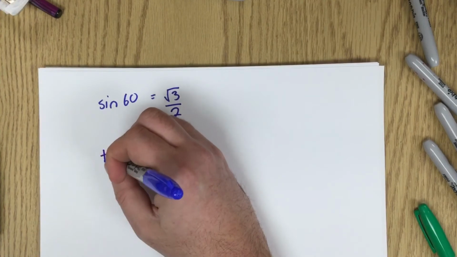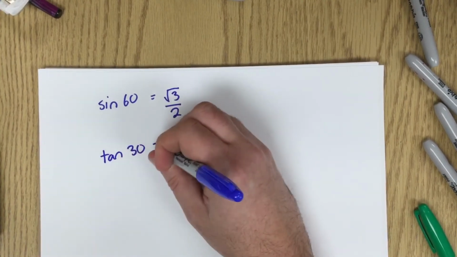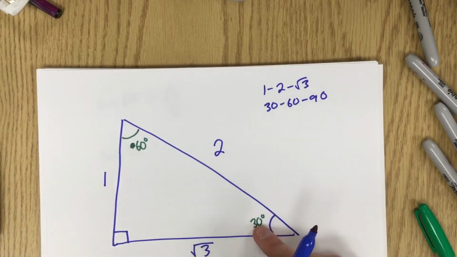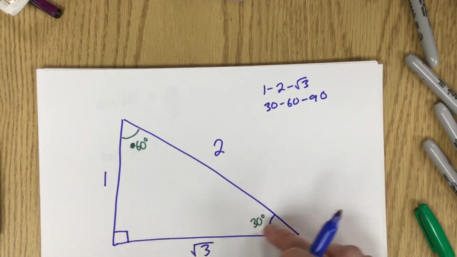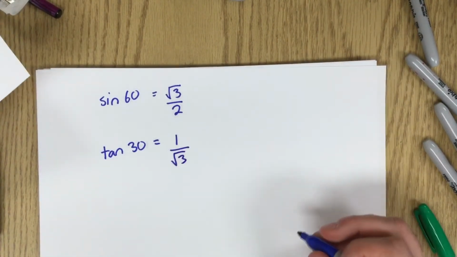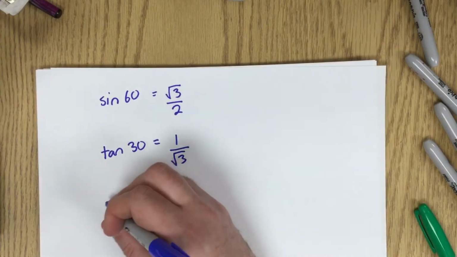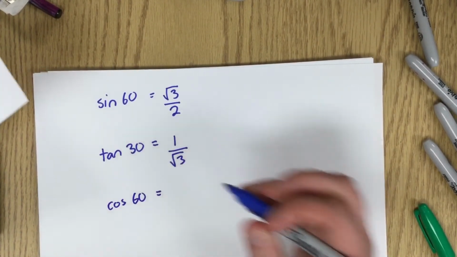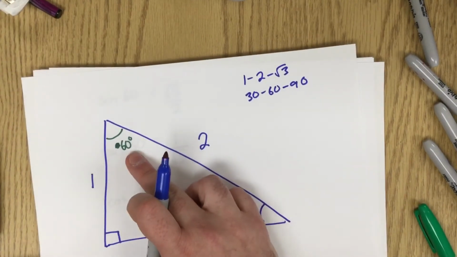What is the tangent of 30? Tangent of 30, we're back to this triangle. So tangent is opposite over adjacent. So the tangent of 30 is 1 over root 3. What would be the cosine of 60 degrees? So we're at 60 degrees. That's the opposite.